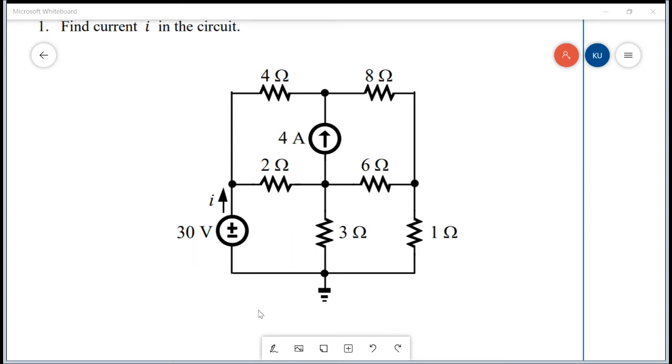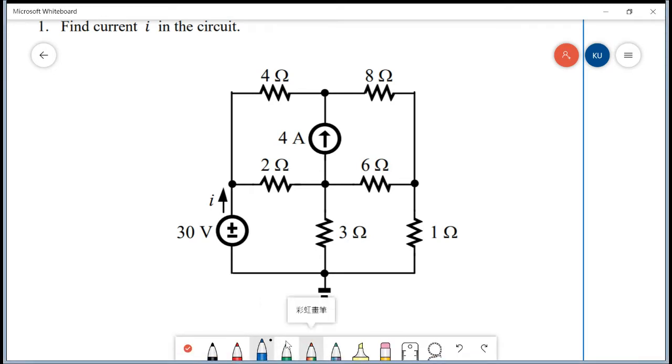So in this question, no matter whether you choose mesh analysis or node analysis, there are three variables. Let me show, if we use mesh equations, the currents will look like this. This is the first one, this is the second one, and this is a super mesh.